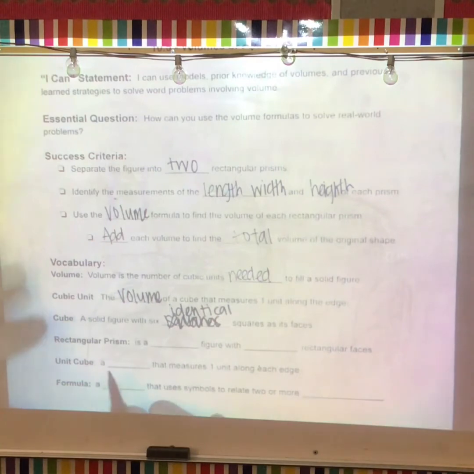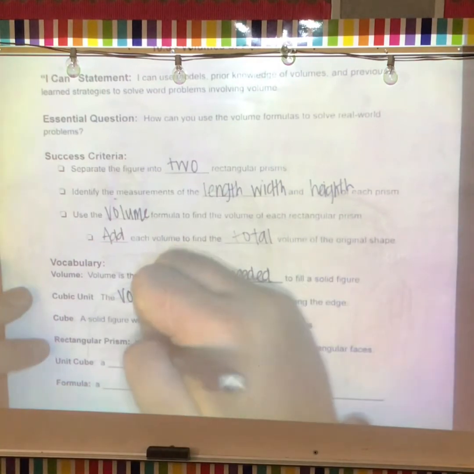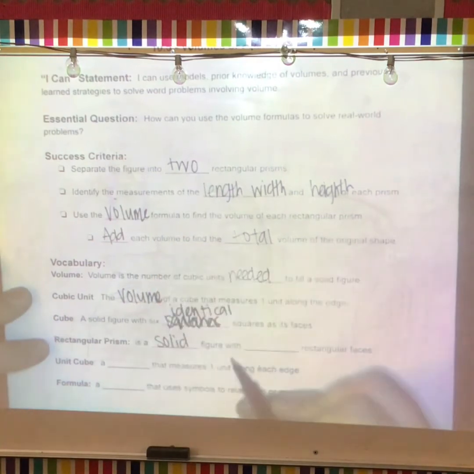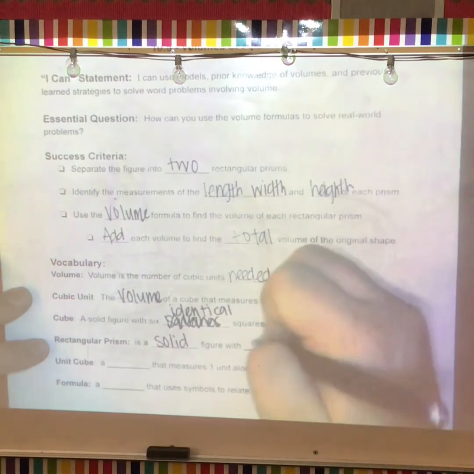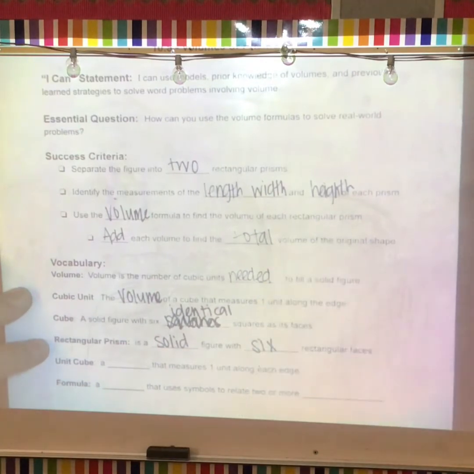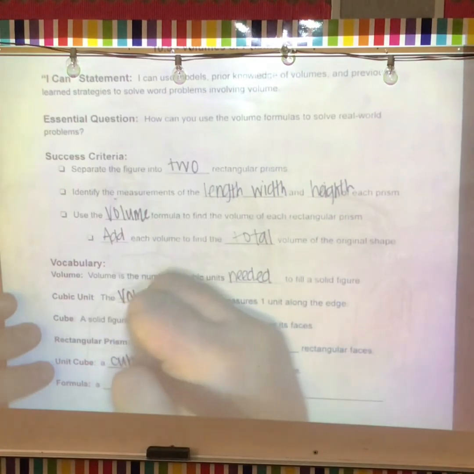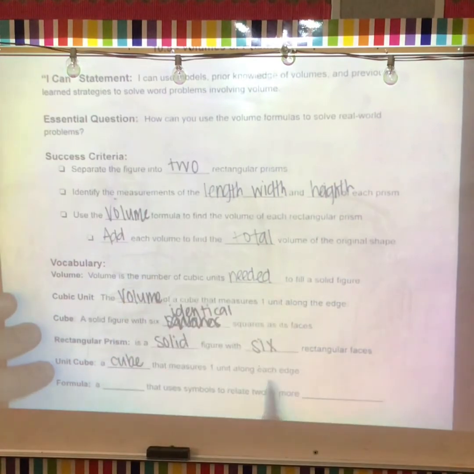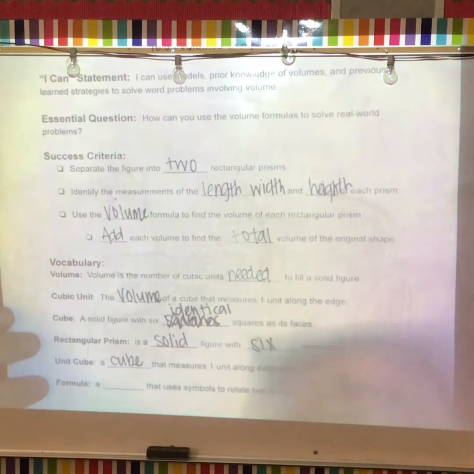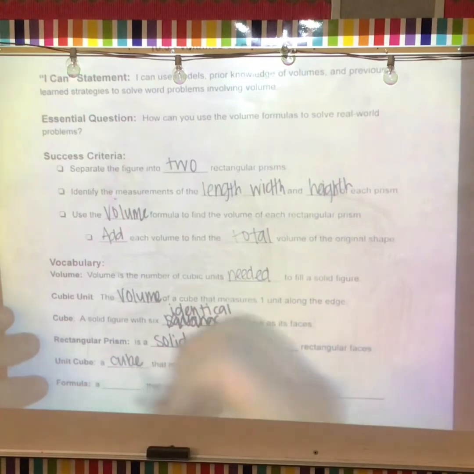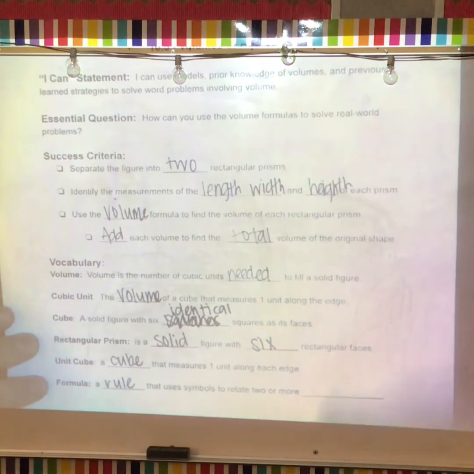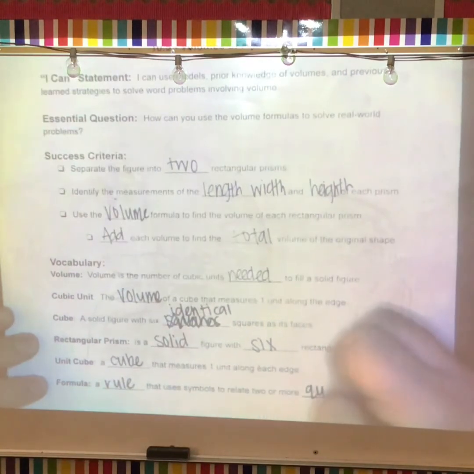A rectangular prism is a solid figure with 6 rectangular faces. Unit cube is a cube that measures 1 unit along each edge. Formula: a rule that uses symbols to relate two or more quantities.